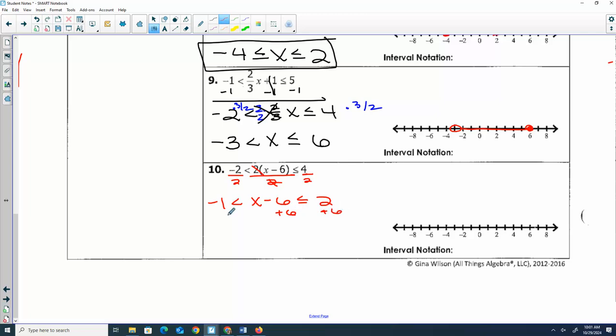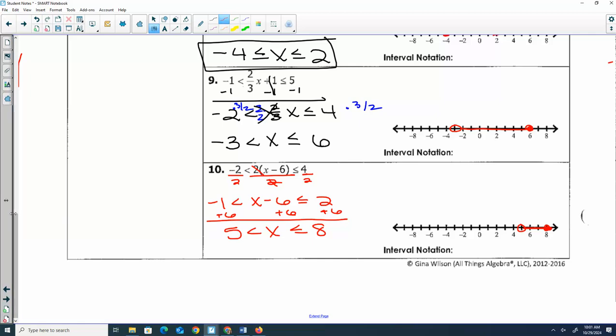So then we add 6 to everything. 5 is less than x is less than or equal to 8. So 5 was not equal to, that's open. 8 is equal to, so that's closed, and it's just in between. We're doing pretty well with these.